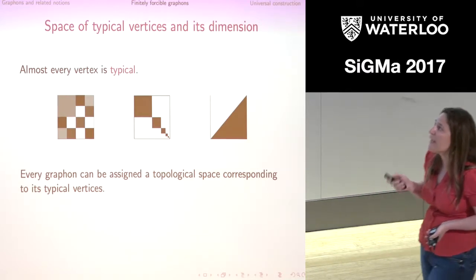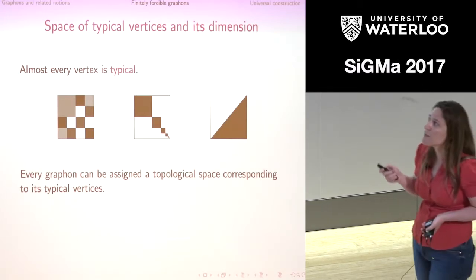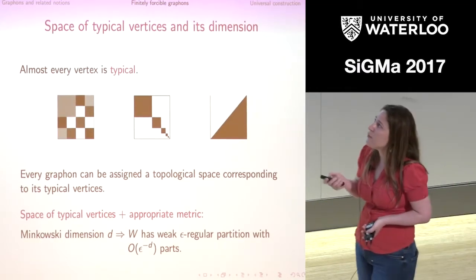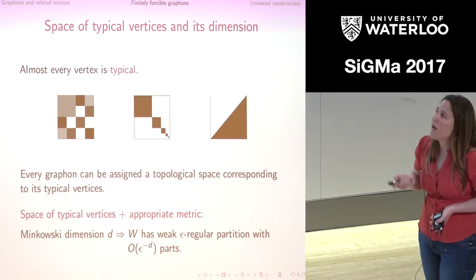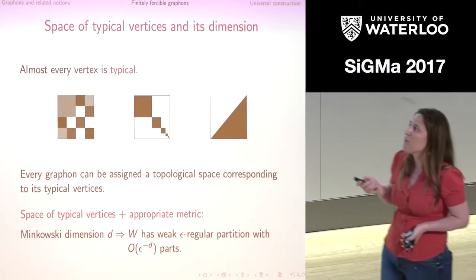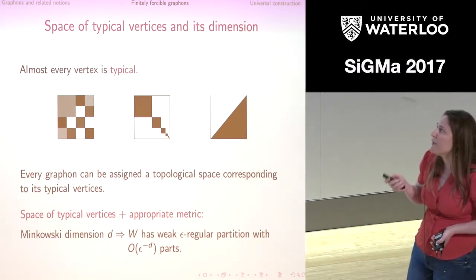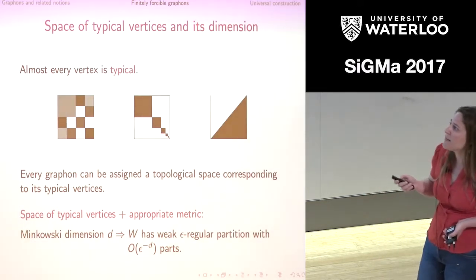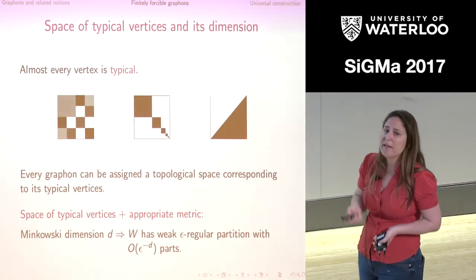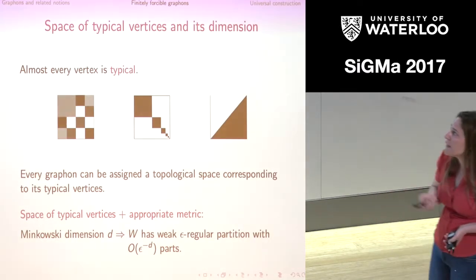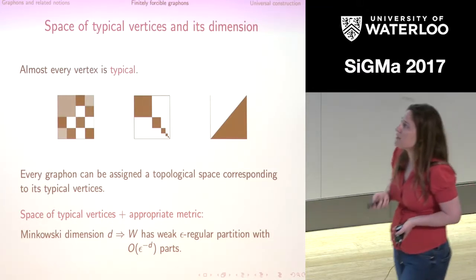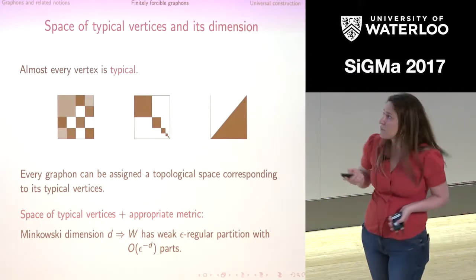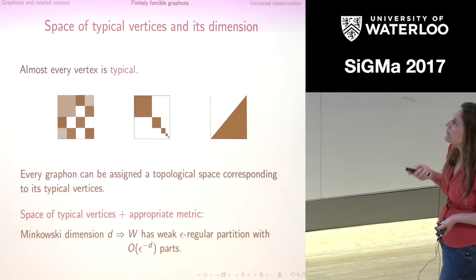Lovász and Szegedy show that every graphon can be assigned a topological space corresponding to its typical vertices. An important observation is that if the space of typical vertices is equipped with an appropriate metric, and it has Minkowski dimension D, this would imply that W has a weak epsilon-regular partition with (1/epsilon)^D parts.